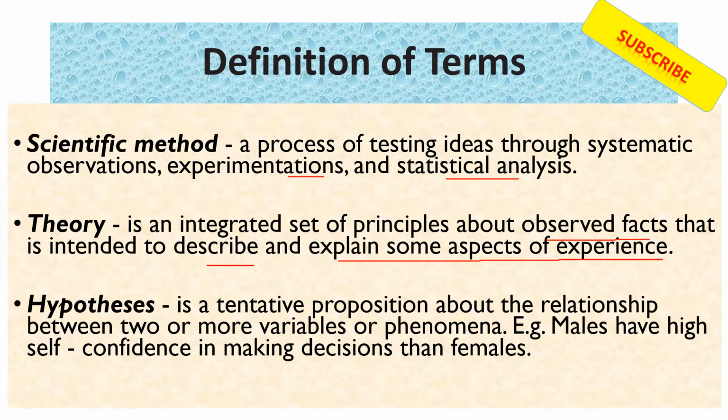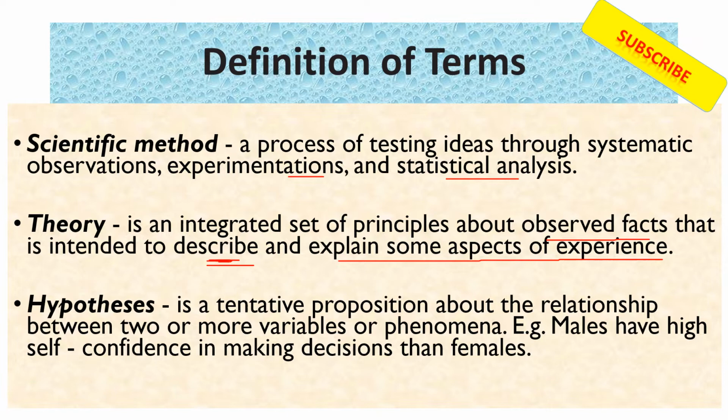If you remember, when we discussed the goals of psychology, we said one of the goals was to describe, explain, control, and predict. So under theory, we are saying the theory is intended to describe and explain some of the important aspects of experience.